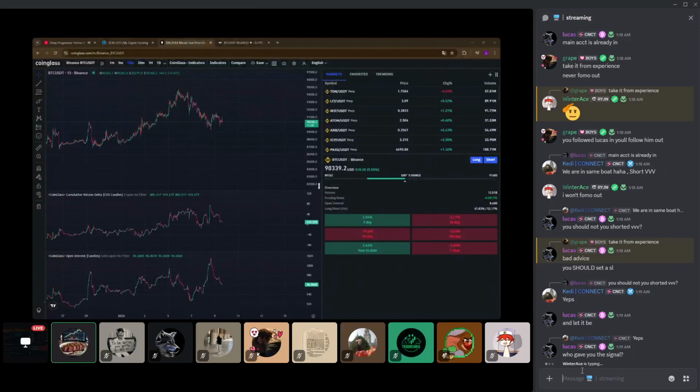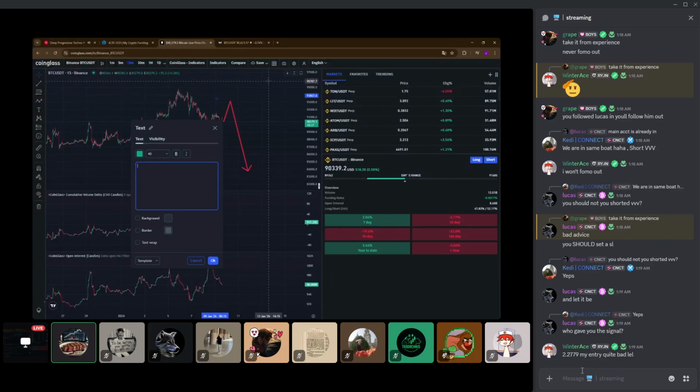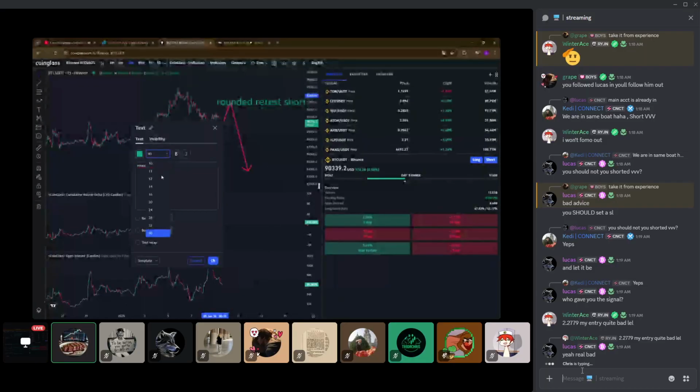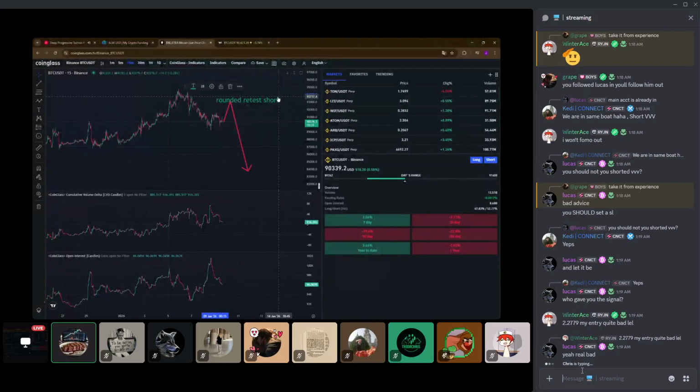So, my forecast would be taking this high over at 93k and then potentially selling over. And this will probably be a good rounded retest short. If we get that, it will be a very clean short that we can get if we get this possibility.